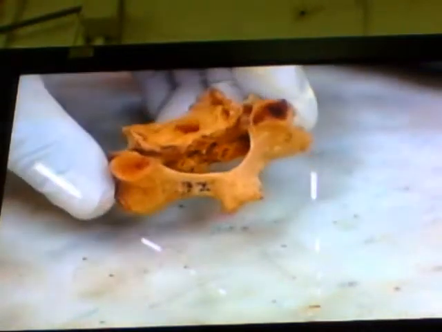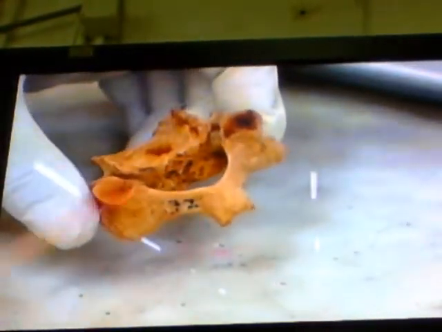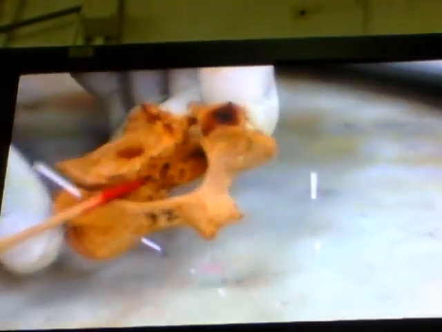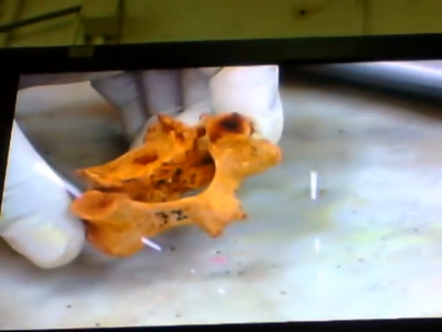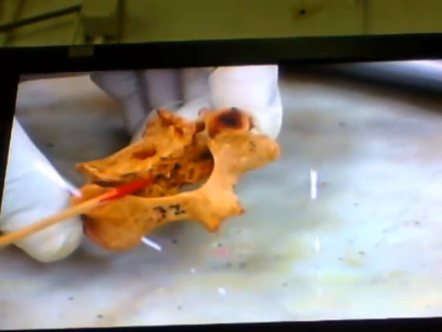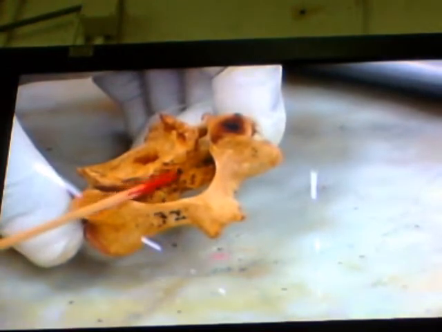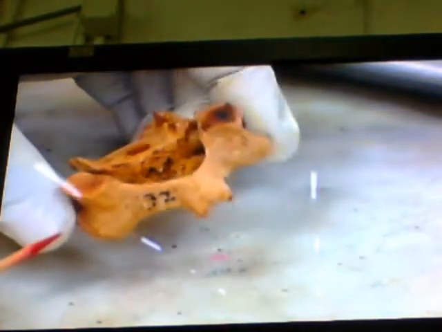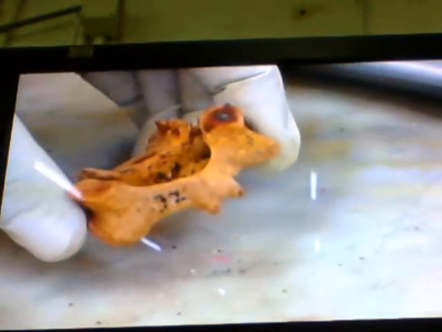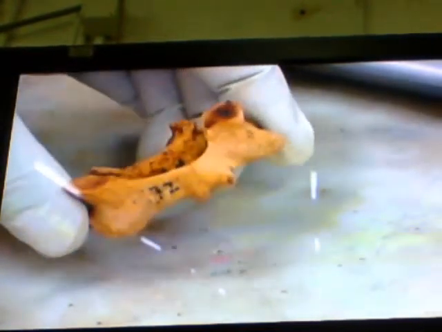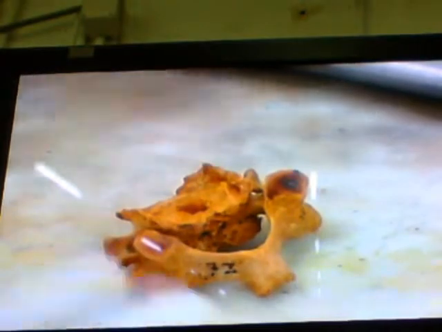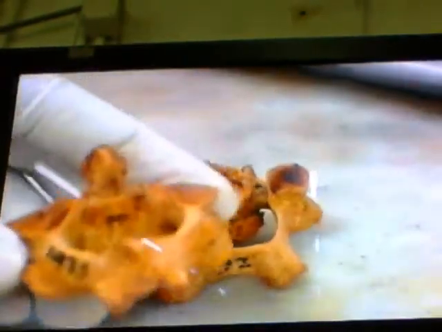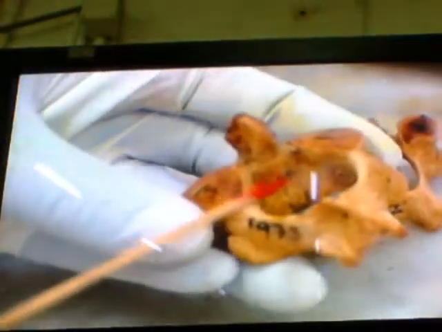The holes, look at them. Very holey. You see them on the posterior? If you need a close up, you can always come afterwards. Or if you look here, I have the axis, and look at the back of it.